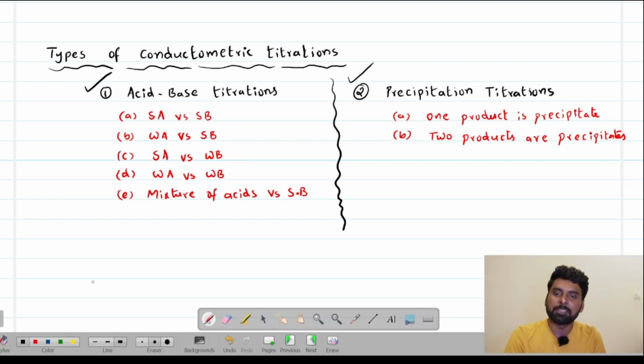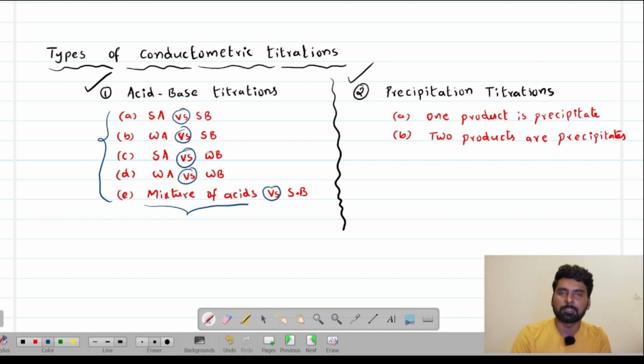Within acid-base titrations there are many categories: SA versus SB, meaning strong acid versus strong base; weak acid versus strong base; strong acid versus weak base; weak acid versus weak base; and mixture of acids versus strong base. So five different titrations we need to study in this topic, all belonging to acid-base titrations.